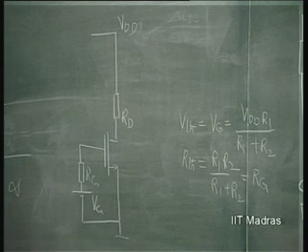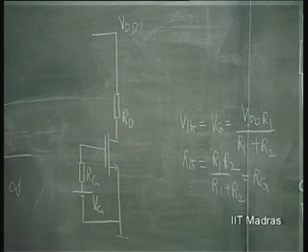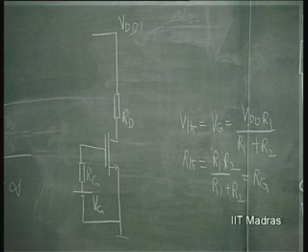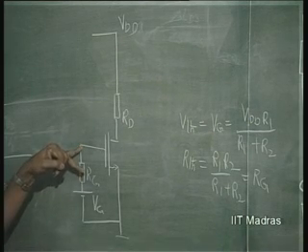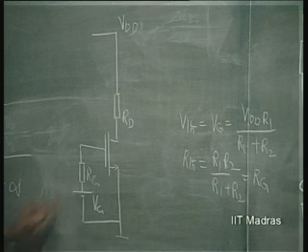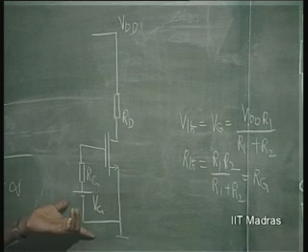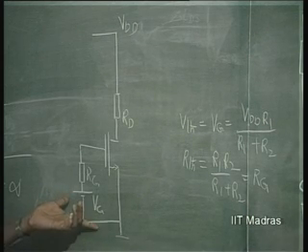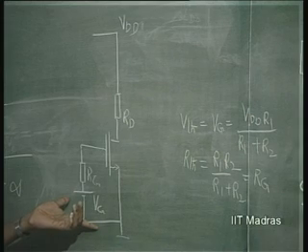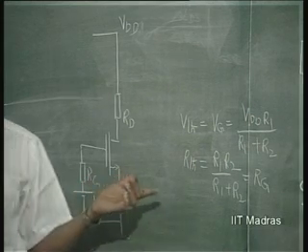This is pretty convenient because there is no gate current, and therefore it does not make any difference what the value of RG is. The gate voltage is going to remain the same as VG. This is the advantage of the field effect transistor input as compared to the bipolar junction transistor.